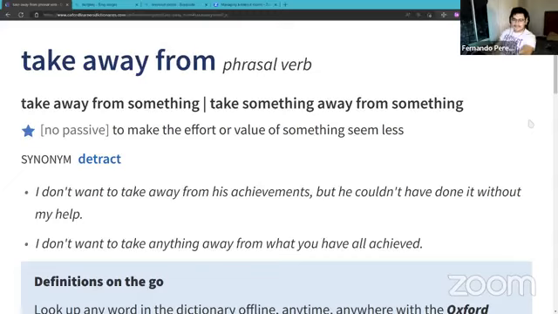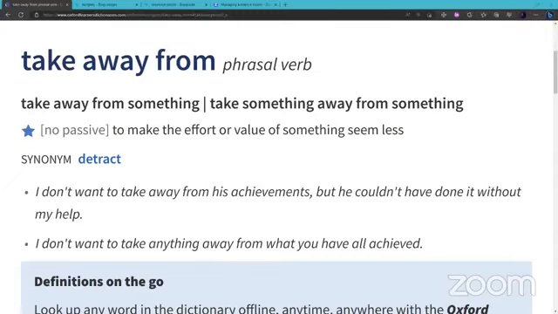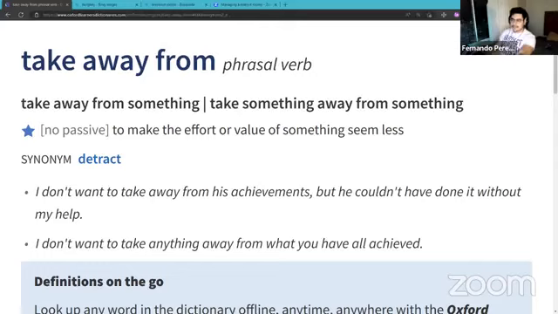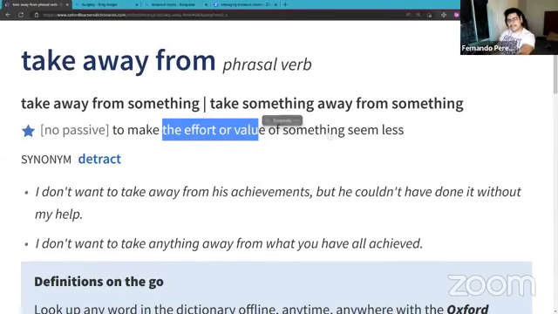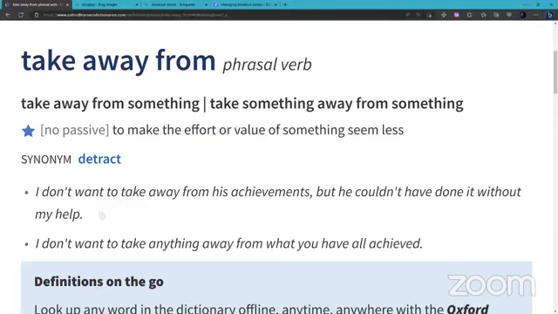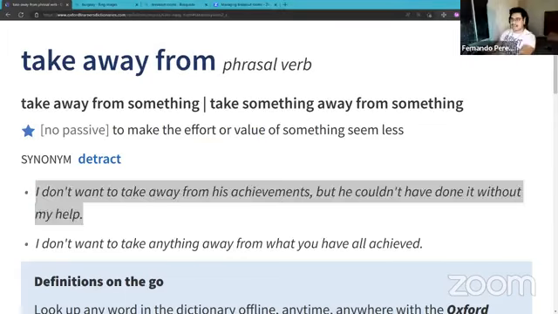To make the effort or value of something seem less. Make the value seem less. I like this. Don't change the effort because it can be for value, but it can be for effort too.